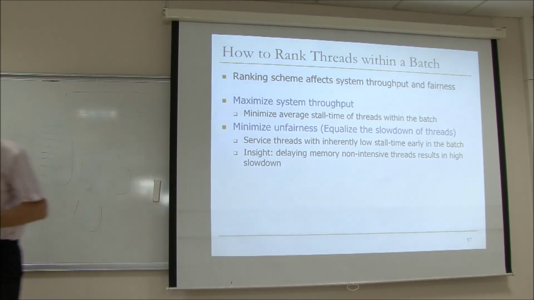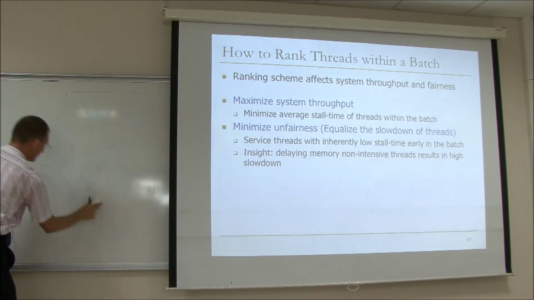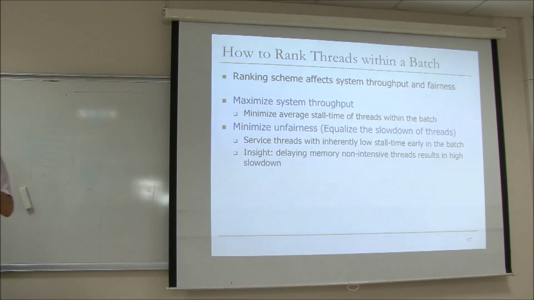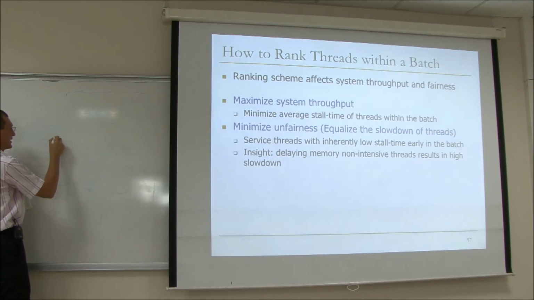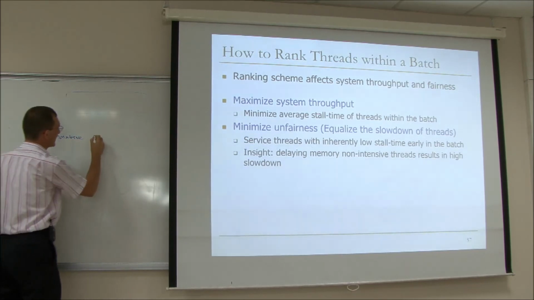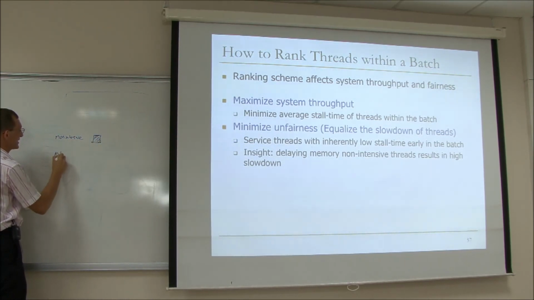Let's see if this one works. Oh, the green one didn't work, so I should use the blue one. So let's say this is a non-intensive thread. Its stall time is this much to begin with. And this is an intensive thread.